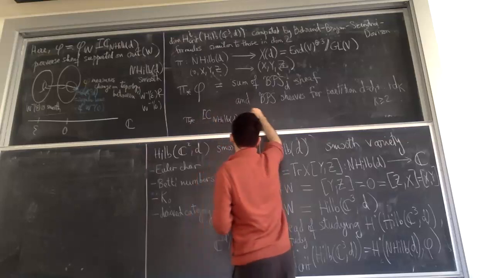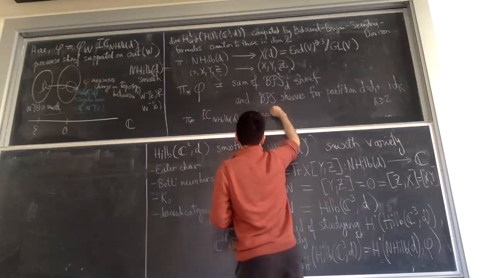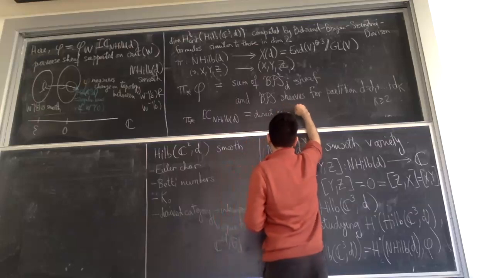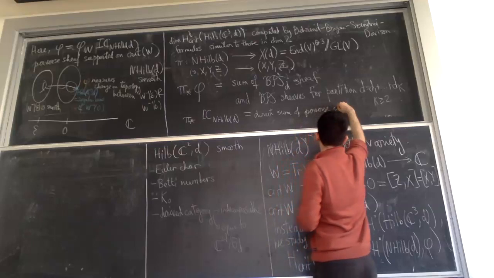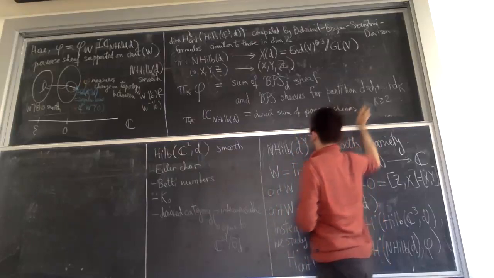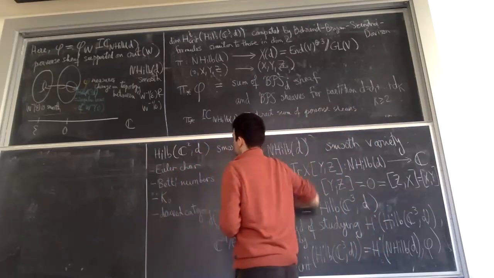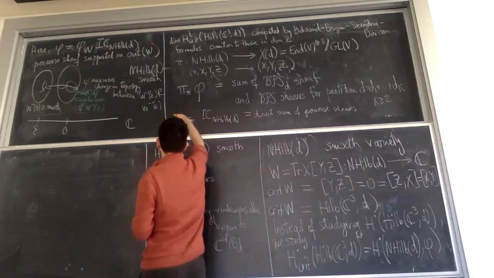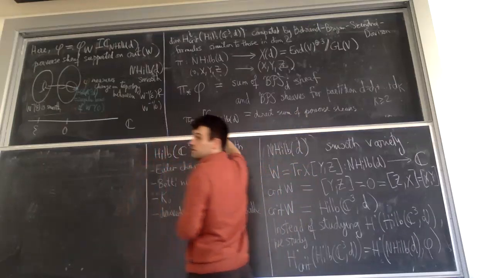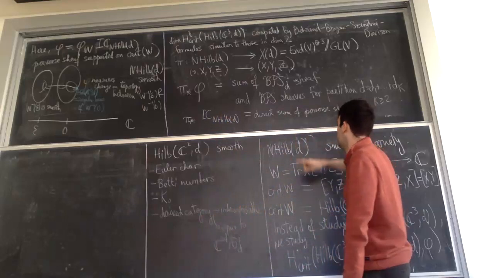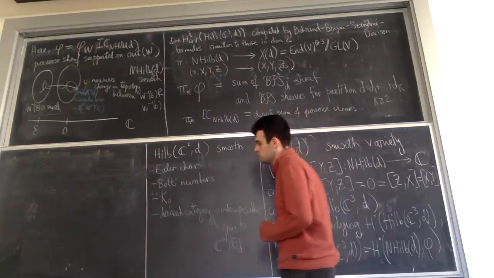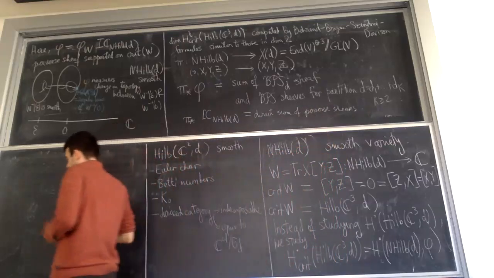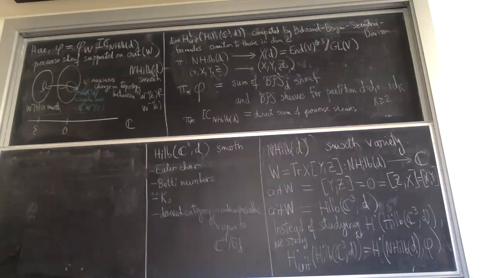So this will split as a direct sum of perverse sheaves, which can be explicitly written. And then one applies the vanishing cycle functor that will commute with proper push forward. And then one studies the vanishing cycle functor applied to these perverse sheaves, and then those will be the BPS sheaves, and those can be computed explicitly.